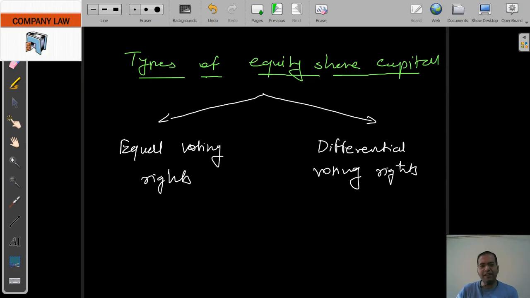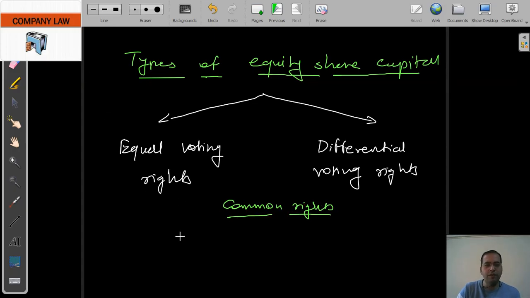Which are the rights attached to the equity shareholder? Right to vote, right to receive dividend, right to transfer freely without any restrictions. These are some of the common rights available to equity shareholders.